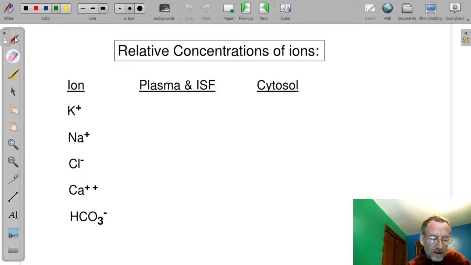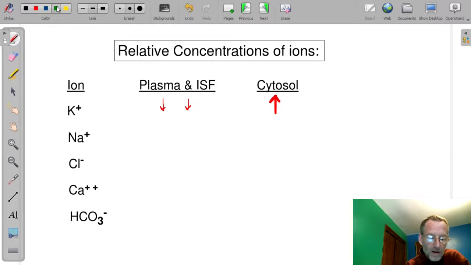Now these are relative concentrations. I'm not going to ask you for specific units of measure, but relatively speaking, we can just use arrows. So potassium is high in the cytosol. That's where most of the potassium is inside the cells. And there's very little of it in the plasma, in the interstitial fluid.